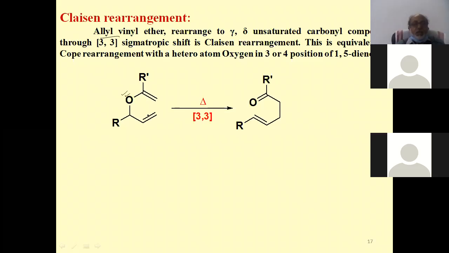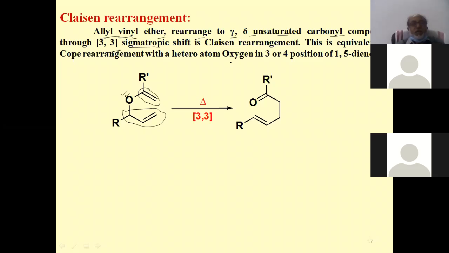What is that ether? This part is the allyl group, and this part is the vinyl group. So it is an allyl vinyl ether rearranged to a gamma,delta-unsaturated carbonyl compound through a 3,3 sigmatropic shift. This is the Claisen rearrangement.